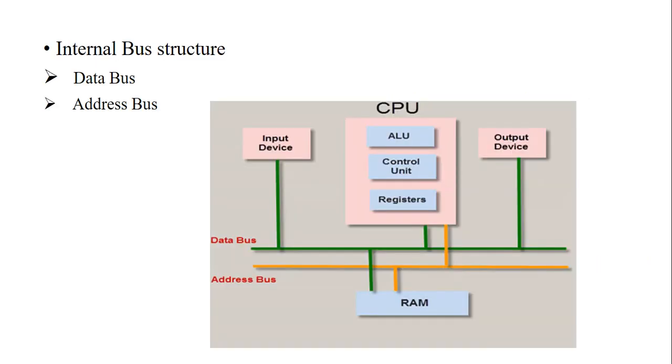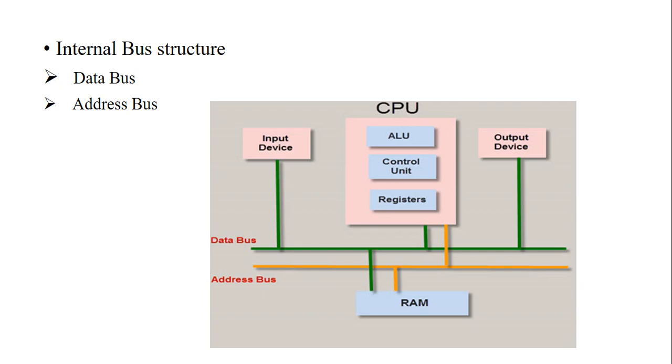Then the internal bus structure. Bus means what? It carries the data from the microcontroller to external devices, from the input devices to the microcontroller, and from the microcontroller to the output devices. Buses are classified into data bus and address bus. The data bus carries only data. For example, if I want to add 10 plus 20, the 10 will be carried by the data bus, and 20 will also be carried by the data bus.